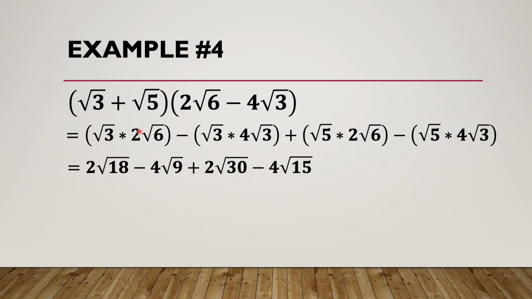Same index. 1 times 2, 2. 3 times 6, 18. And then, let's go here. Negative, negative, minus, minus. So, same index. 1 times 4, 4. 3 times 3, 9.